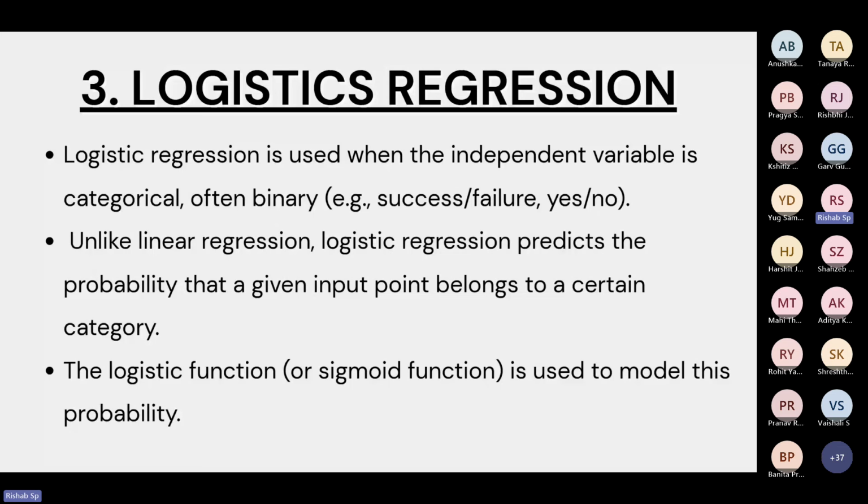We find whether the data is categorical: yes, no, success, failure, and so on. The end result we get will be in probability form. It can be like 0.8, which means there is an 80% probability that his sales will increase. To find this probability, we use the logistic sigmoid function.